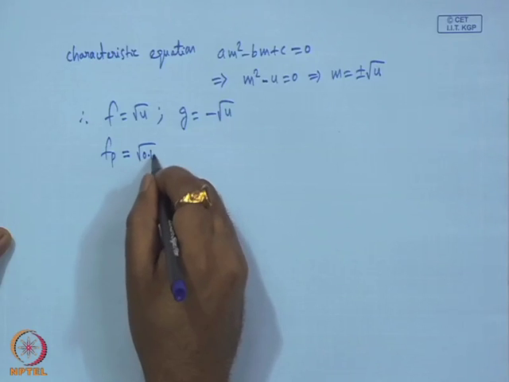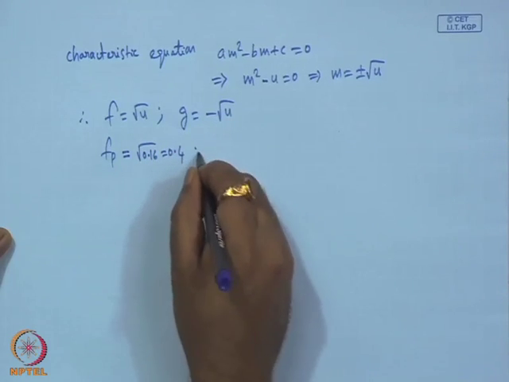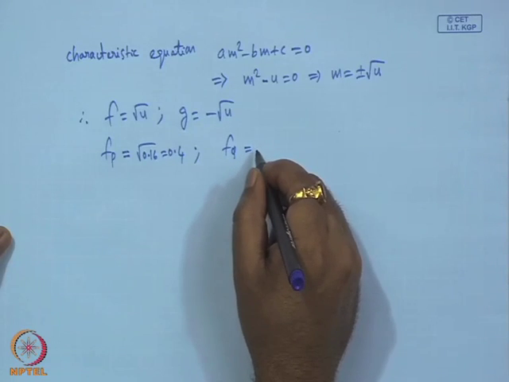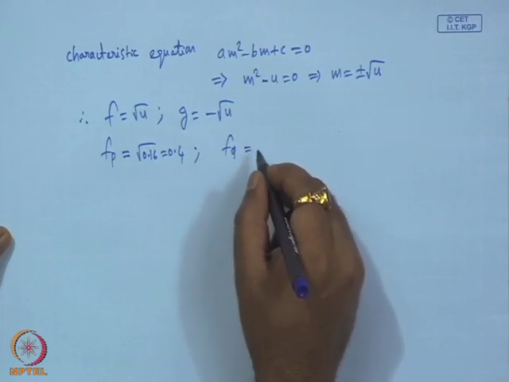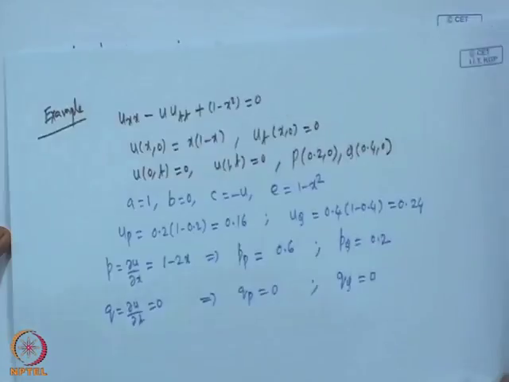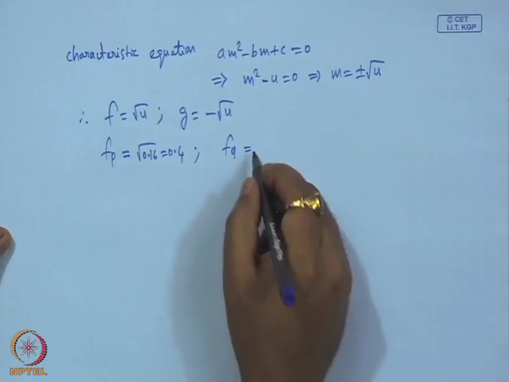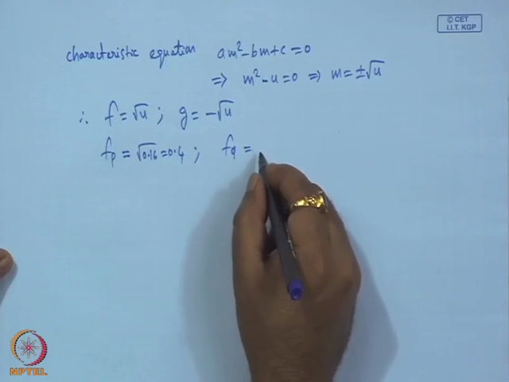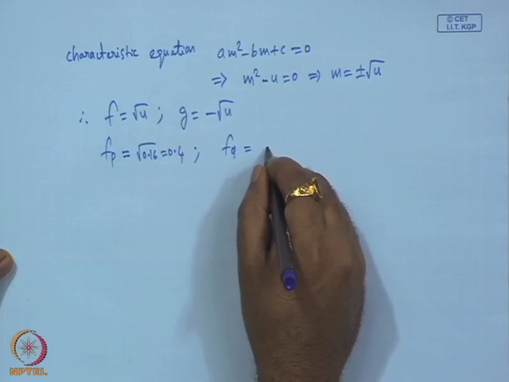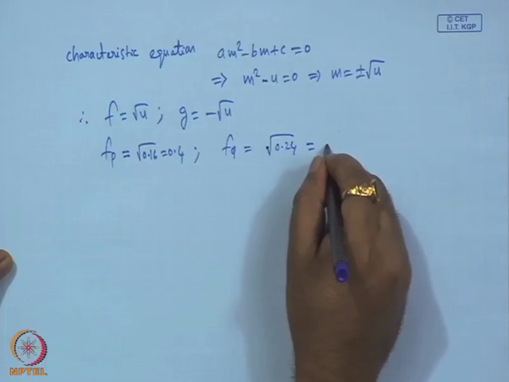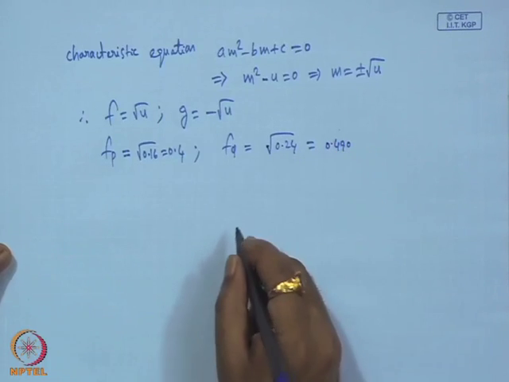Now, let us compute f p, then f q. p is 0.2, q is 0.4. So, f q is root, okay.